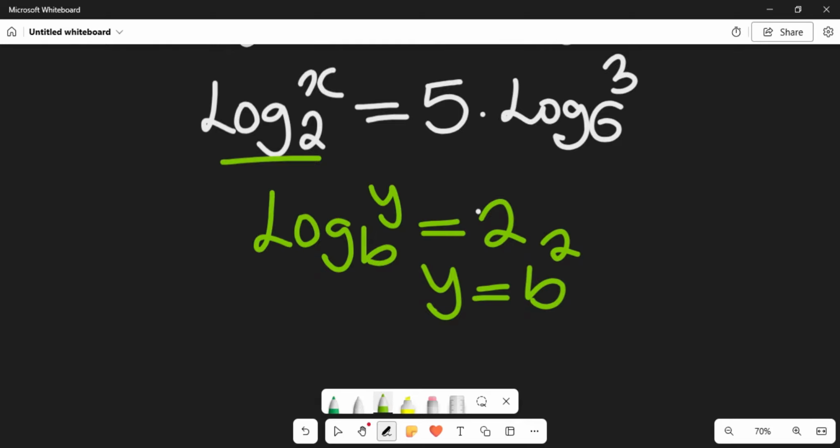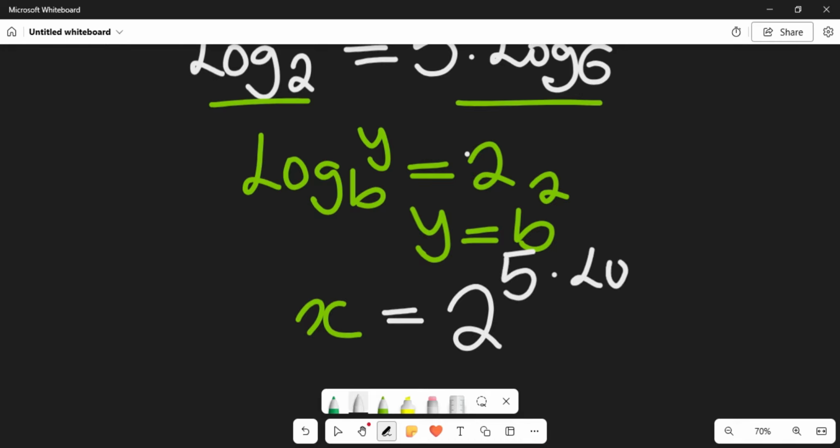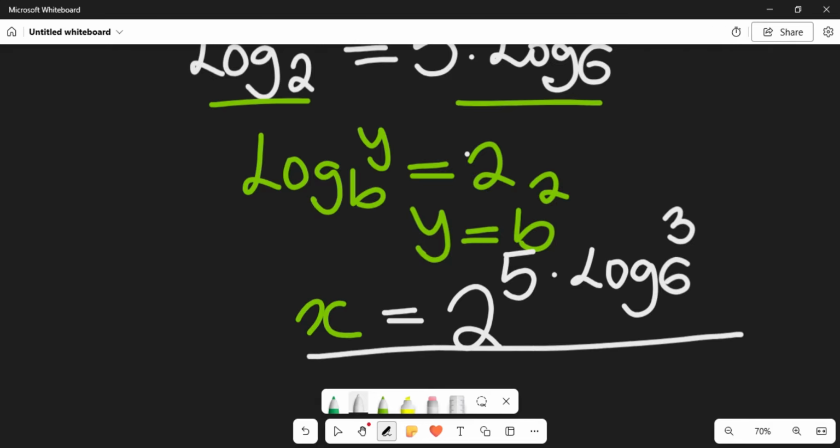So if we apply that expression here, we're going to have the value of our x be equal to 2 to the power of 5 multiplied by the log of 3 base what? Base 6. And that will be the solution to this math expression that is given to us.